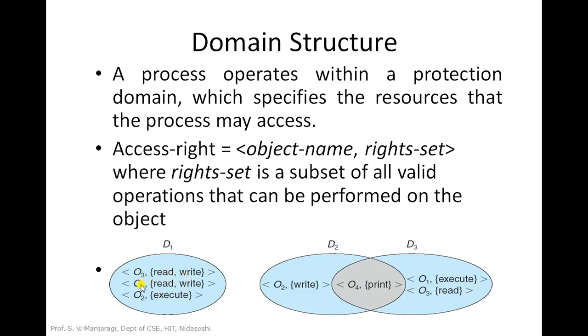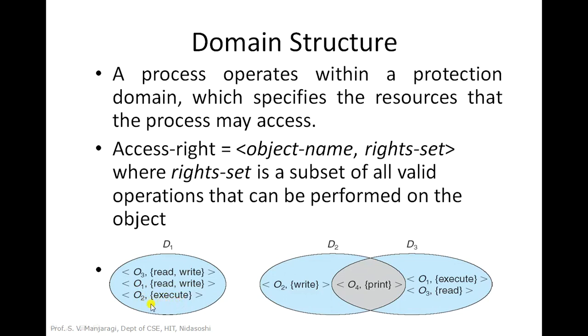Similarly, if you look at the second one, for the object name O1, the access rights set is read and write. So processes that belong to domain D1 can access object O1 for read and write operations. Similarly, for object O2, the access permission or right set is execute, which is also called an operation.